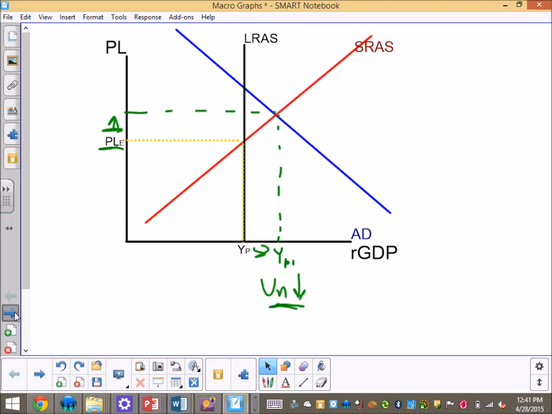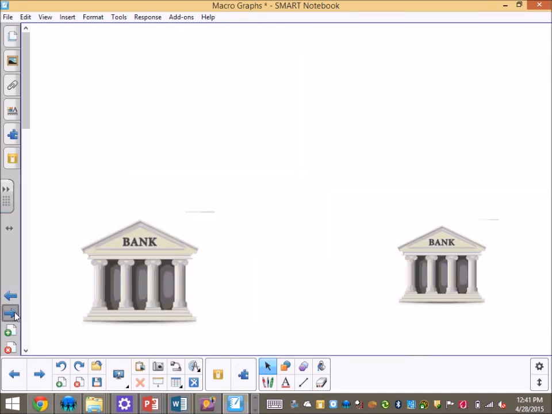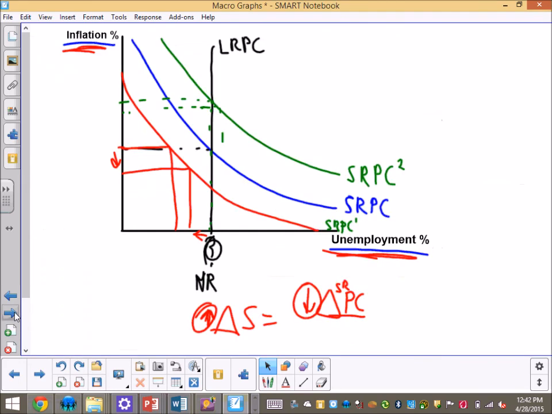So we flip back to our Phillips curve, and we see that if we go back to our original here, higher prices, let's say this is our equilibrium, higher prices, but what happens to unemployment? We said it was going to be lower, so we'd move from here to here.